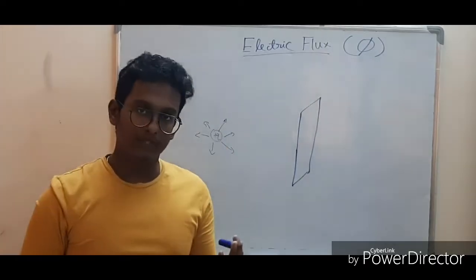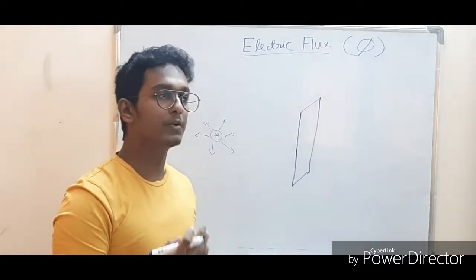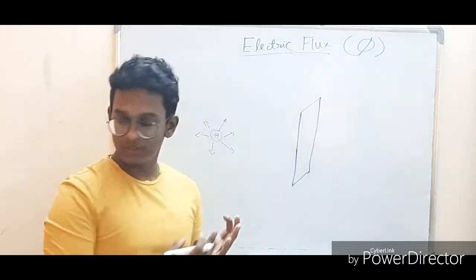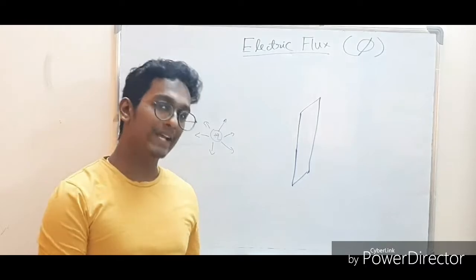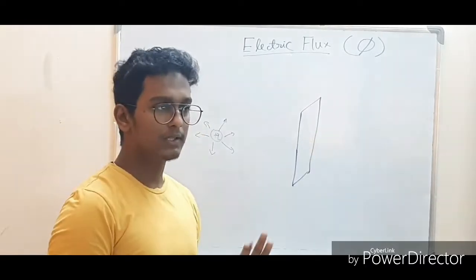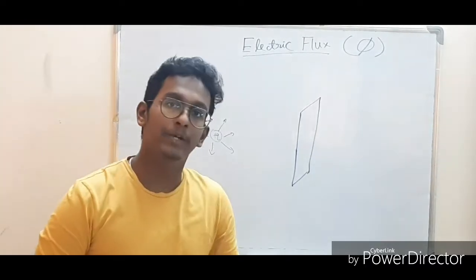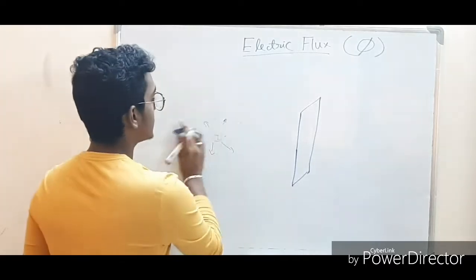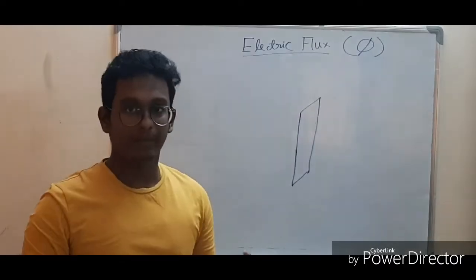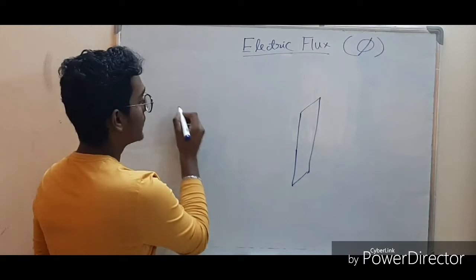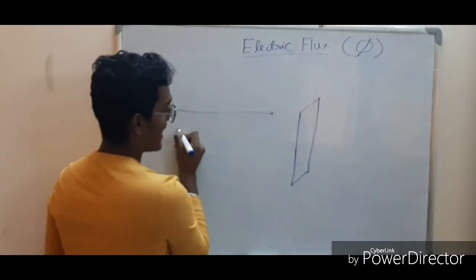But this would not help us with our study. We need something that will produce parallel lines. So we take a charge that is really big compared to the surface, so that we can assume the electric field lines coming out of it are parallel. So the electric field lines are going to be parallel.